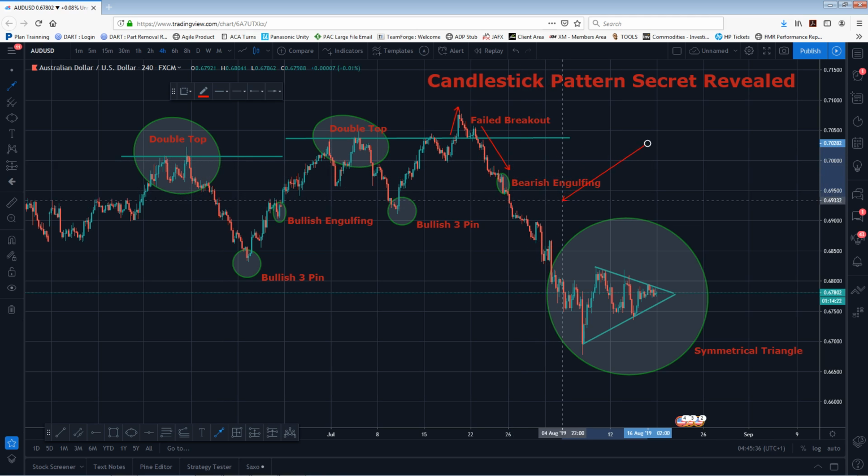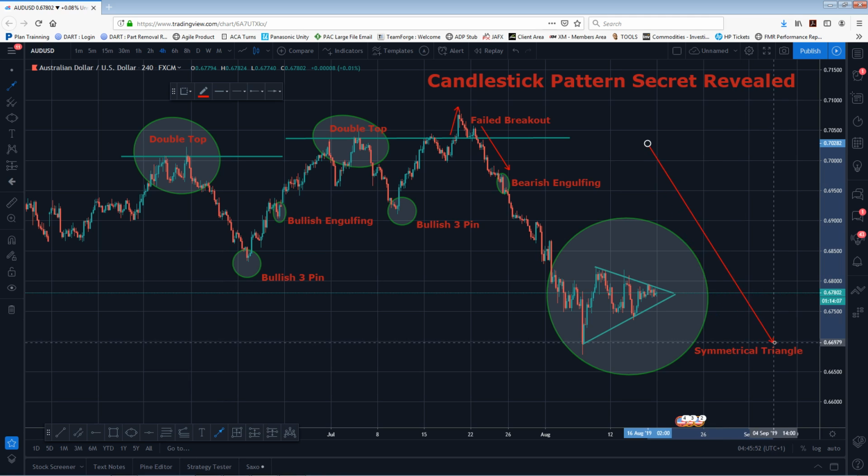So this is just another example of candlestick patterns, another tool we use to decide when to buy and sell. And then this is another pattern here. In my cheat sheet, we're going to go over it as a symmetrical triangle. Price can do a couple of things here.